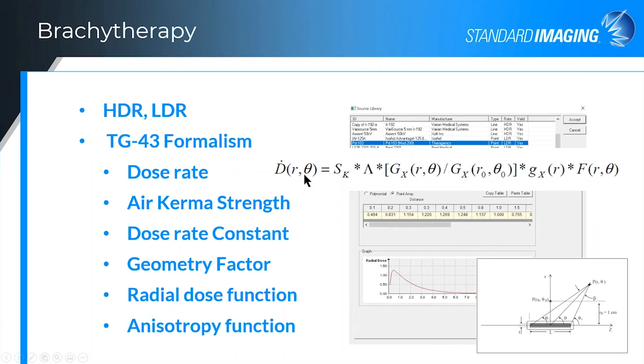So here's your equation. You're calculating your dose rate based on the air Kerma strength, your dose rate constant, your geometry factor at the specific position for the source, divided by the nominal geometry factor at the reference position of r naught 1 centimeter, theta at 0 degrees at the position perpendicular to the bisector of the source, multiplied by your radial dose function and your anisotropy function.